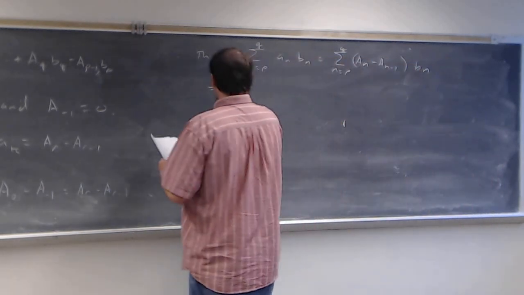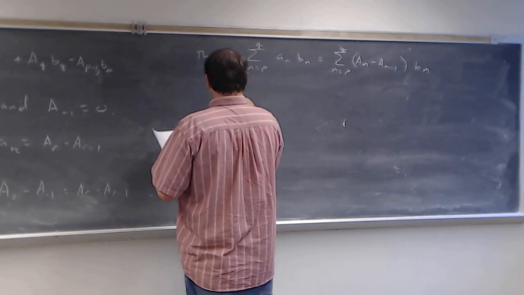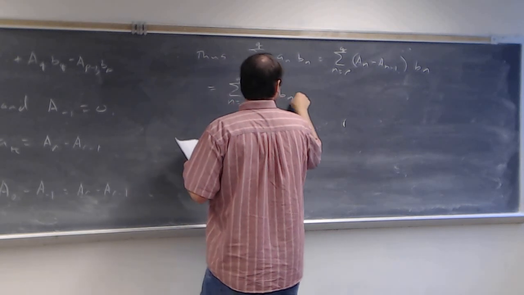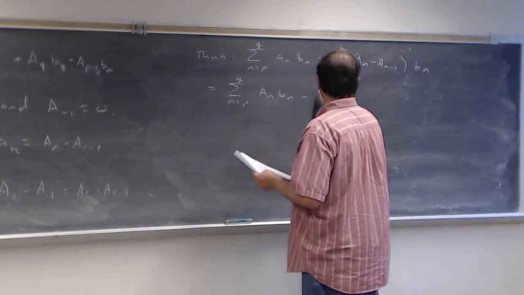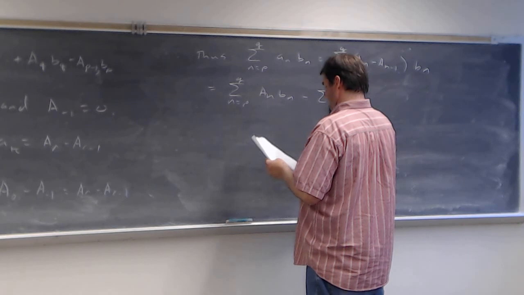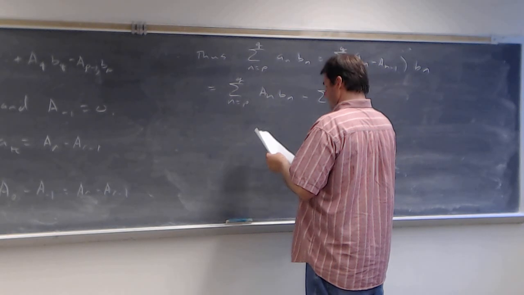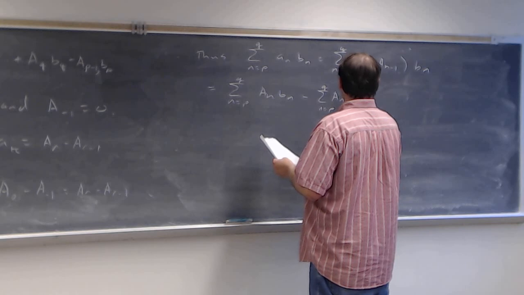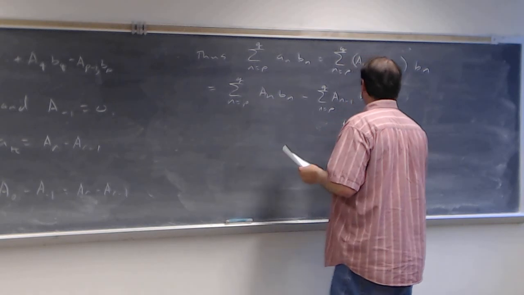And that's going to be equal to the sum as n runs from p to q of A sub n b sub n minus the sum as n runs from p to q of A sub n minus 1 b sub n.